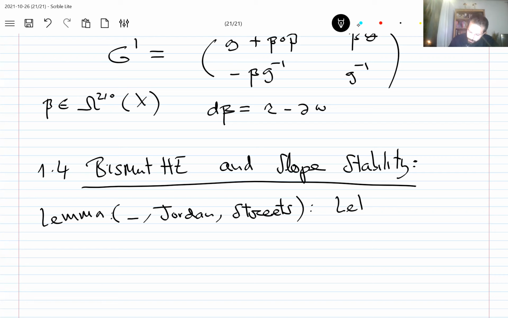And so let X be Bismuth Hermite-Einstein. So recall that this means that dd^c omega is 0, so my Hermitian metric is pluriclosed, and the Bismuth Ricci form is 0.